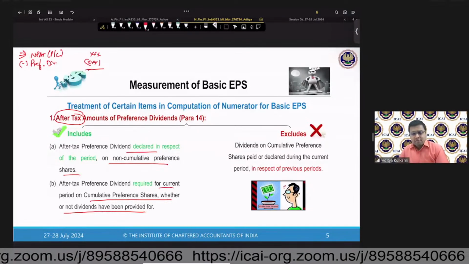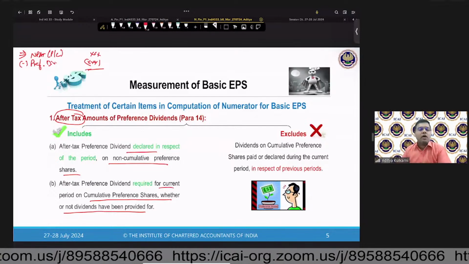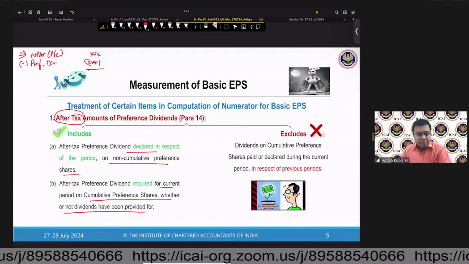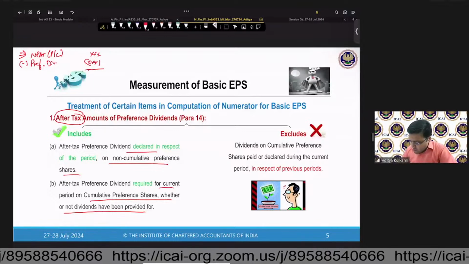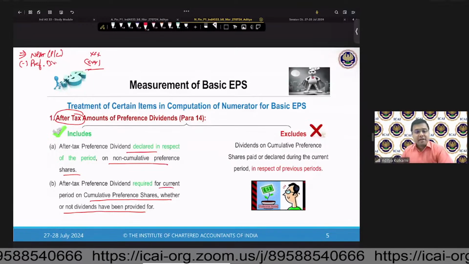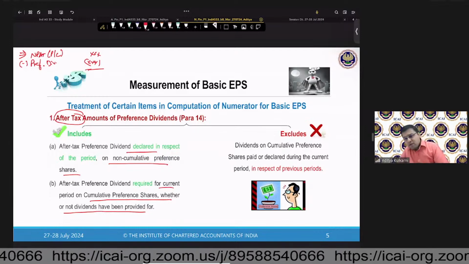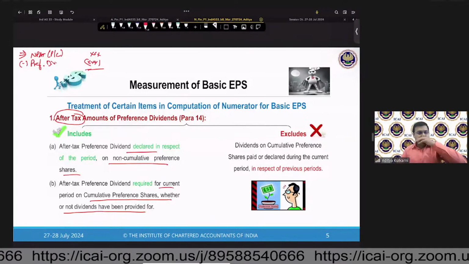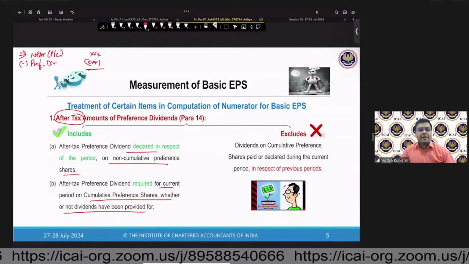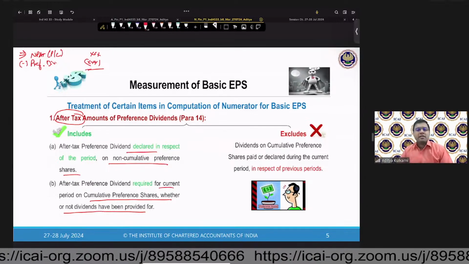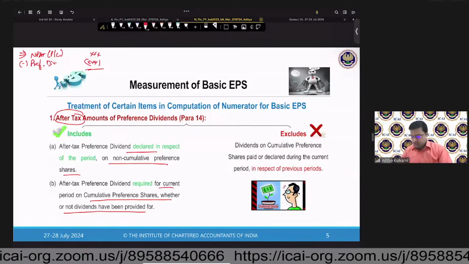There is a small inconsistency in terms of how the standards have been drafted, because we are discussing preference dividend, cumulative and non-cumulative. When we talk about cumulative, the entity is liable to pay the dividend period after period. It's mandatory for the entities to pay the preference dividend.